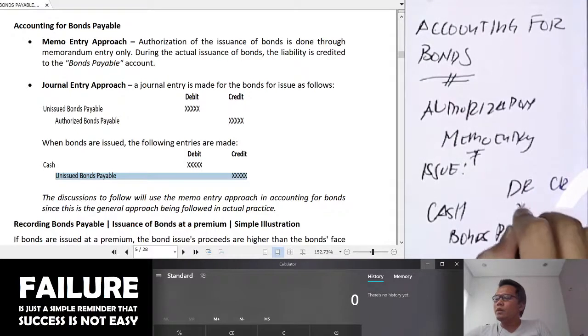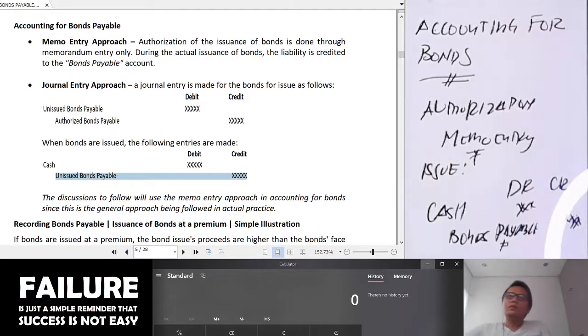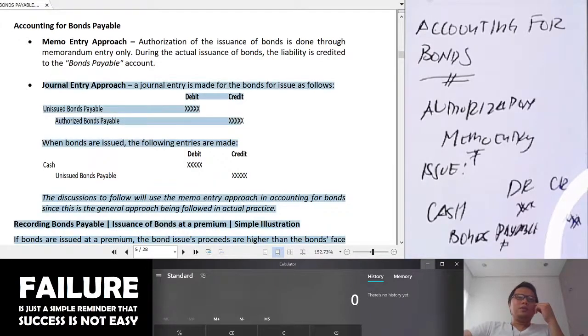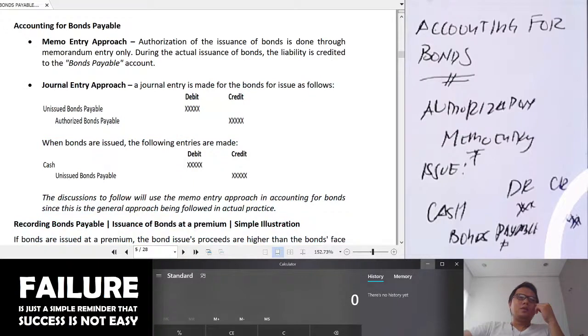Under these two approaches, the most common being used, because practically it is easier and requires less monitoring, is the memo entry approach, since this is the usual way of recording cash and a credit to the liability account, which is bonds payable.